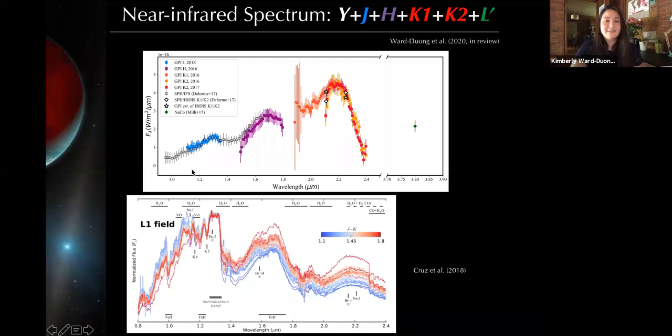Just to give you some context of what the spectrum should look like if you had a normal brown dwarf, down here is showing the range of spectra for brown dwarfs of different colors of an L-type spectral type. And you can see, even in these cases, at bluer wavelengths the J band is significantly brighter than the K band, but this object is just a rapidly increasing mountain of flux.